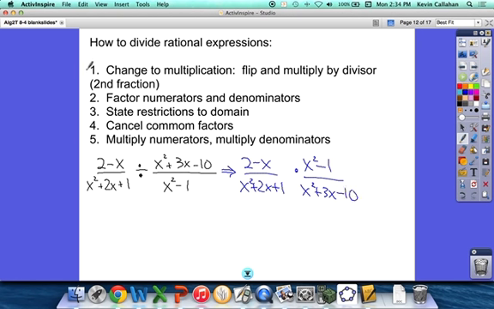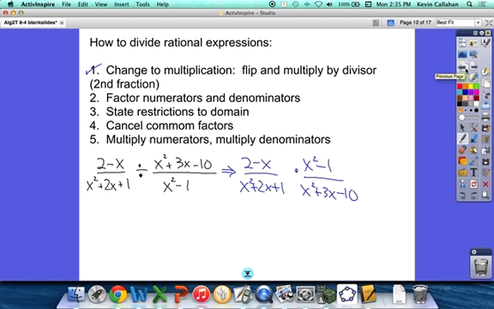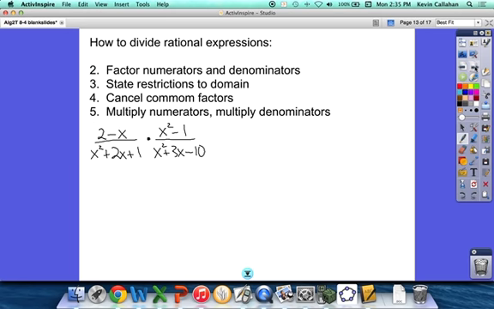Right? Check. I'm going to go to the next slide, but I've got it rewritten there. So I turned division into multiplication, and I rewrote this is already on the next slide. That should have been your next step.